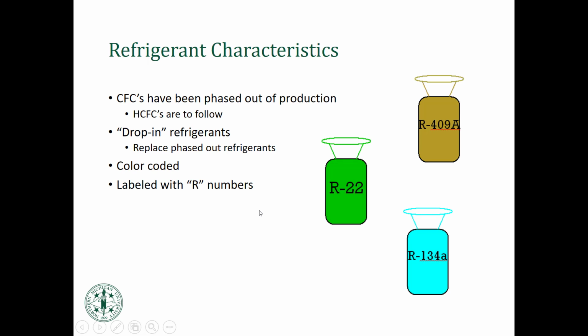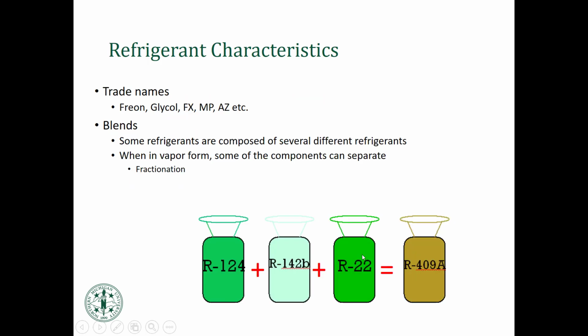Your refrigerants here are color coded as you're learning what different refrigerants we're needing for projects. They're labeled with R's, indicating that they are refrigerant. Again, I'm not an expert in this category, so I'll let you guys read through this, but we have different trade names for them. I do know that I've used a lot of Freon and glycol on different systems.